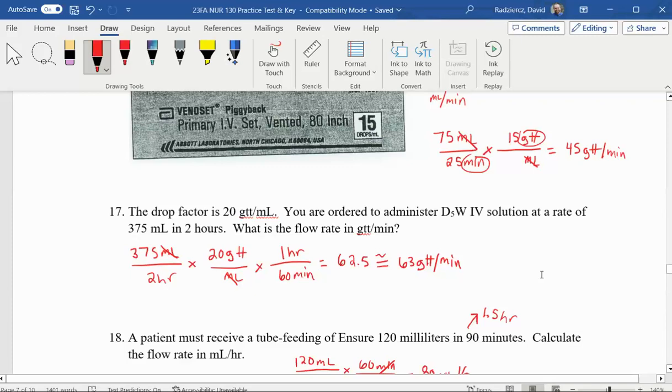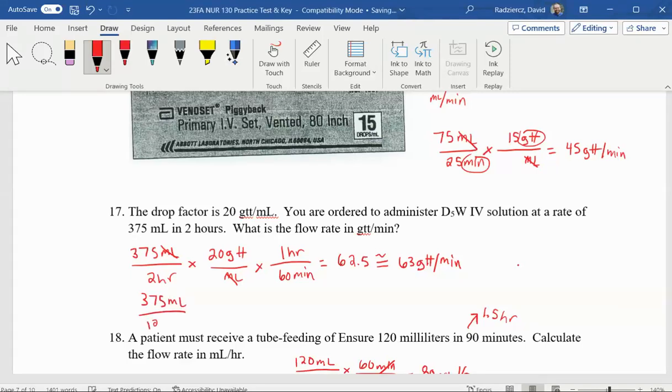So I told you I'd show you a shorter way as well. So what is 2 hours in minutes? 2 hours in minutes is 120 minutes. So the other way you could have done this is taken your 375 milliliters over 120 minutes and then just multiply by your drop factor. Now, you can't always do this easily, because sometimes it'll tell you like 1 hour and 35 minutes or something like that.